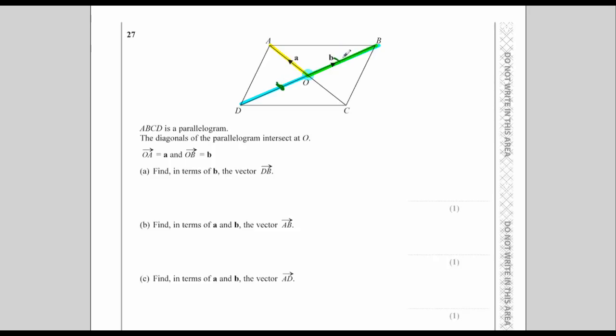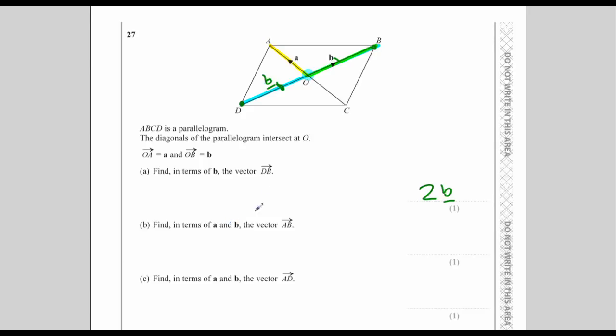So this and this are the same because they're just cut in half. Okay, so this is b as well. So to go from here to here, it's 2 lots of b, and you can underline to show it's a vector. I do have a separate video on vectors if you want to check that out.